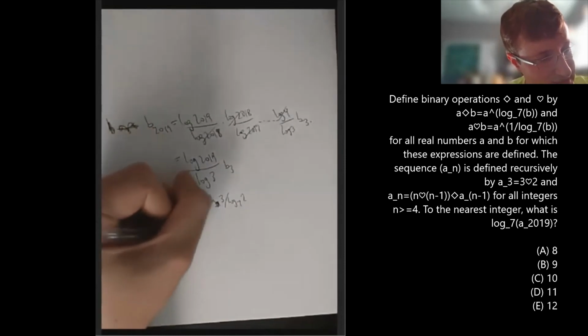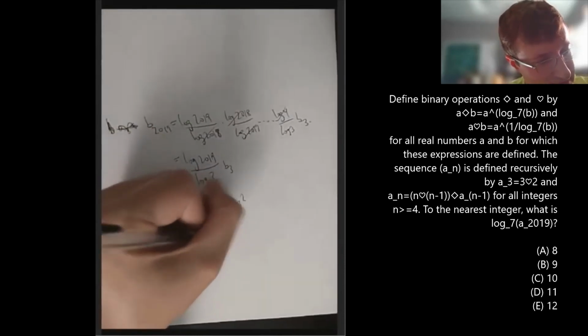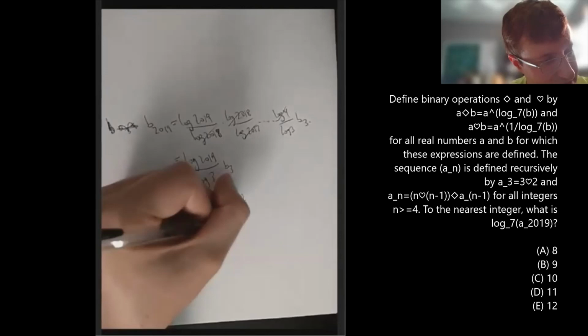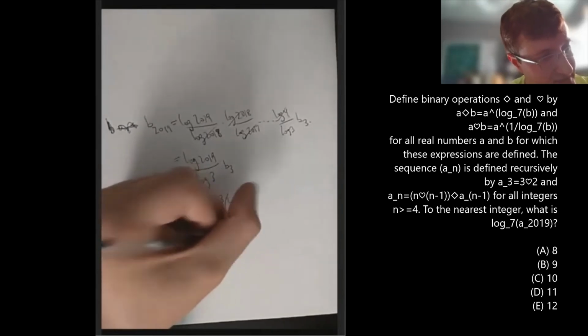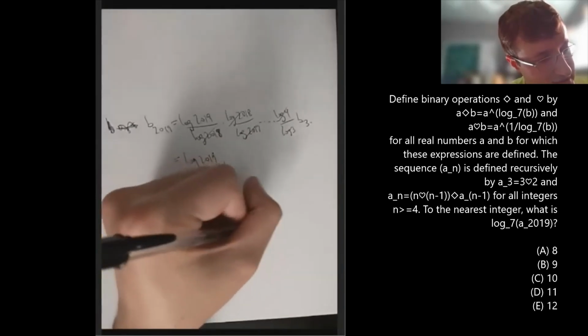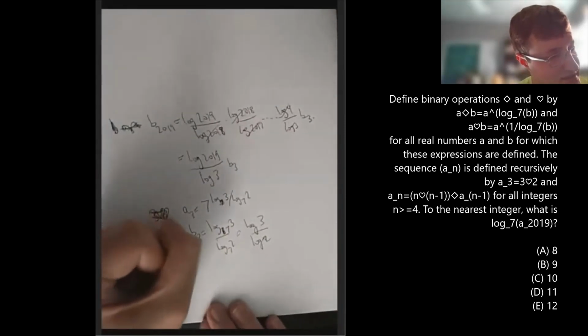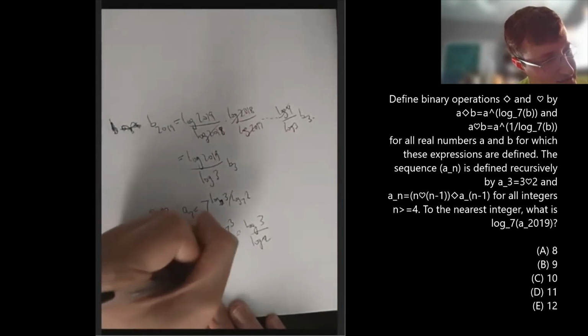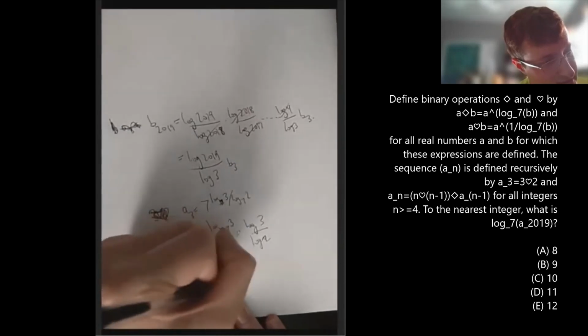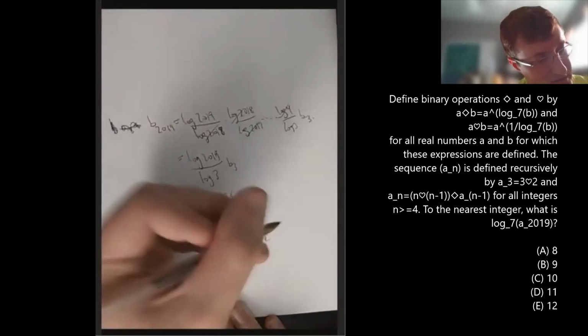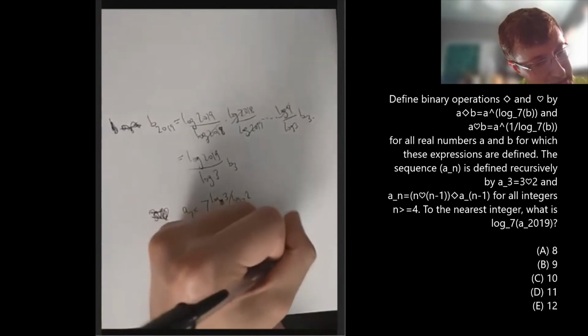And then B3 is log of that, so it's log base 7 of 3 over log base 7 of 2. So that's log 3 over log 2. Okay, so altogether, I think B_2019 is just log 2019 over log 2, which is log base 2 of 2019.